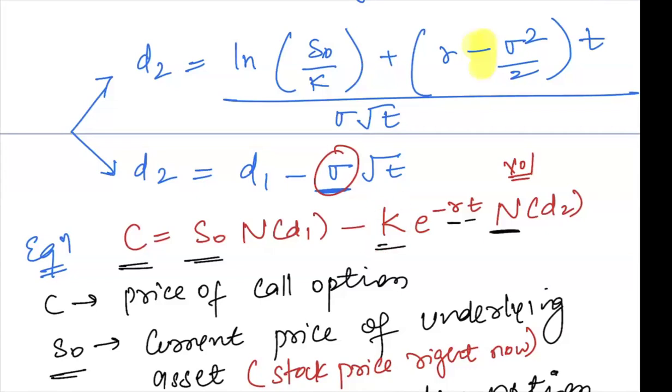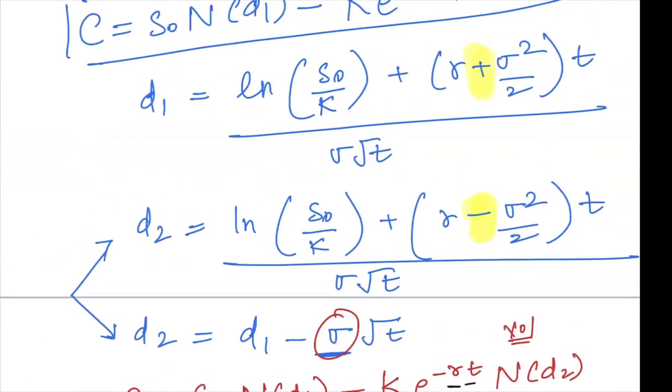K is the strike price, e raised to the minus RT is your discount factor, where R is your risk-free interest rate and T is your time to maturity. And d1 is log of S naught by K plus R plus sigma square by 2, multiplied by T. Sigma is your volatility term, R is your risk-free rate.